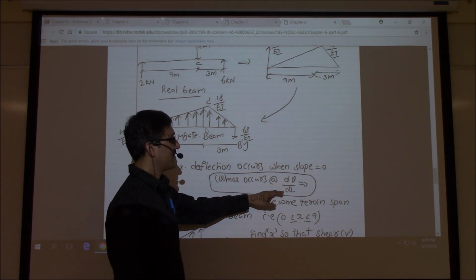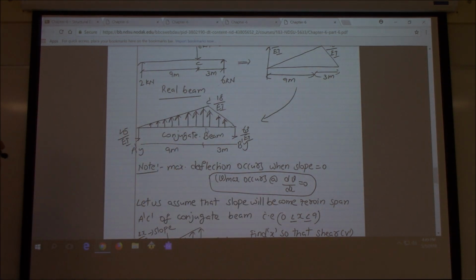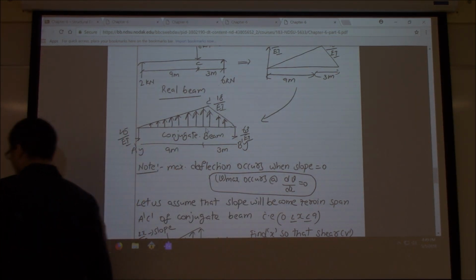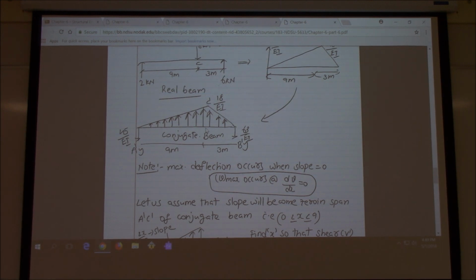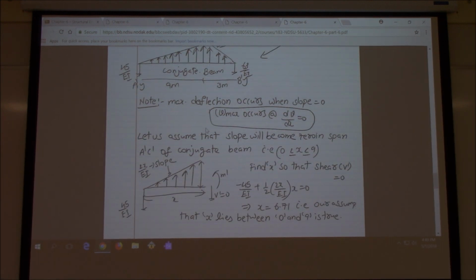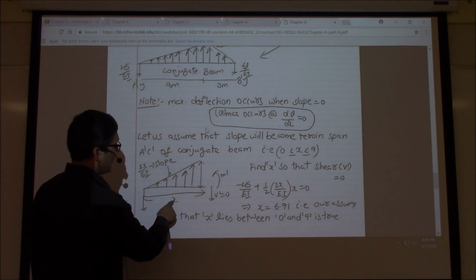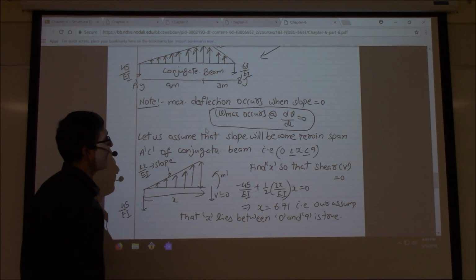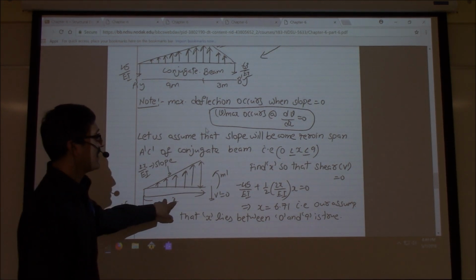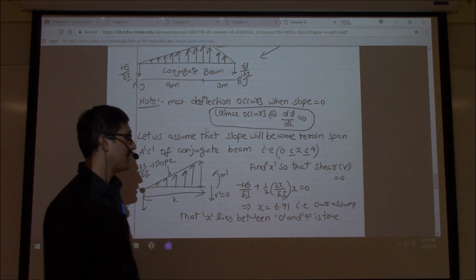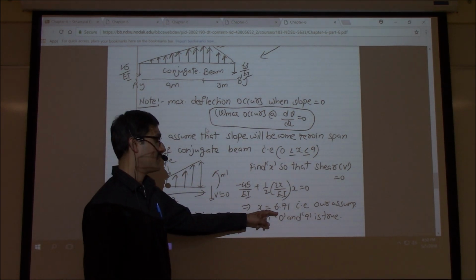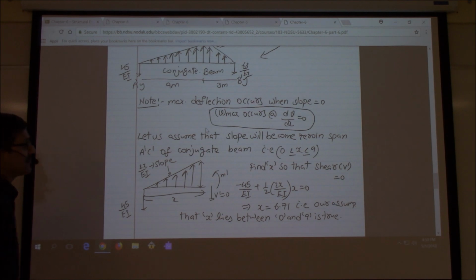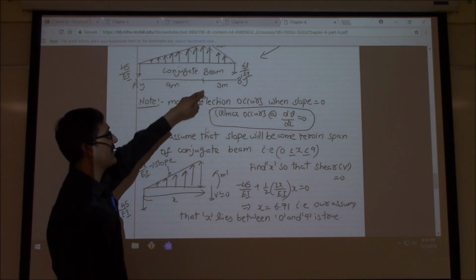So dv by dx is 0 means slope is equal to 0. When slope is equal to 0, our shear force in the conjugate beam should be equal to 0. So I assumed that the shear force in the beam is 0 at a distance x from this support, and I evaluated the shear force in terms of x and equated it to 0, and I got an x value of 6.71. So 6.71 lies between 0 and 9 meters.